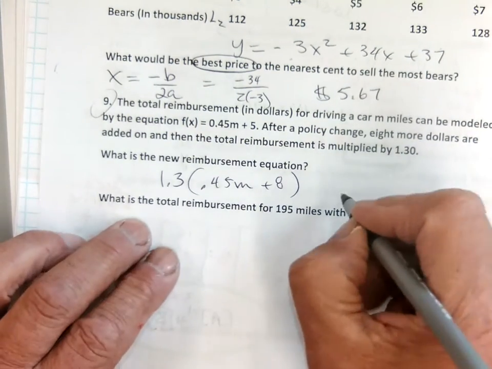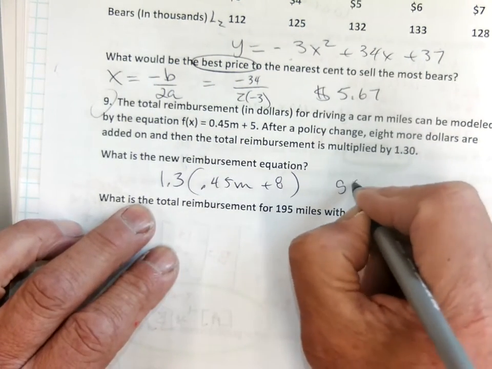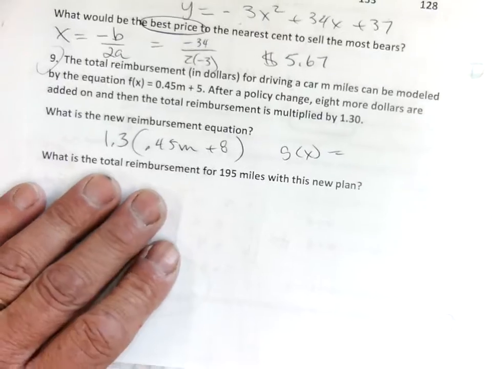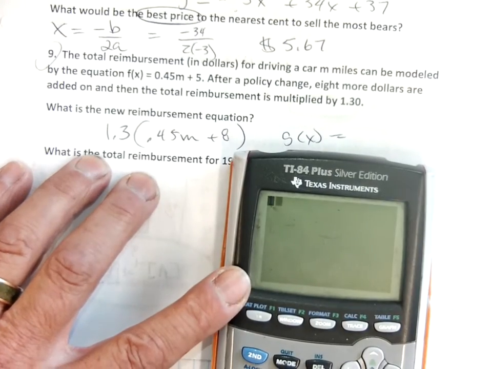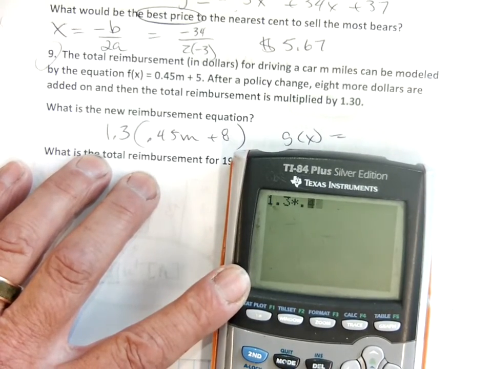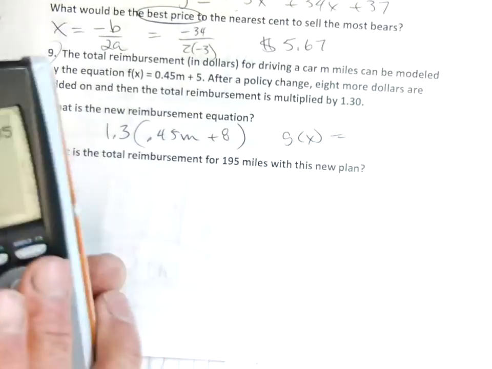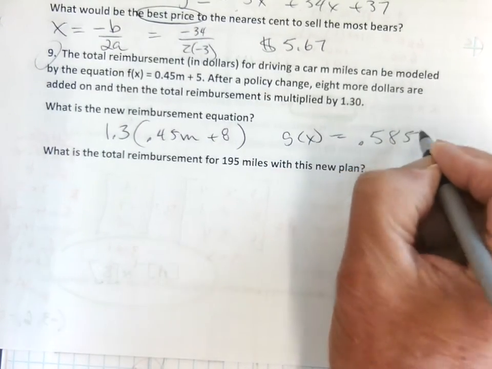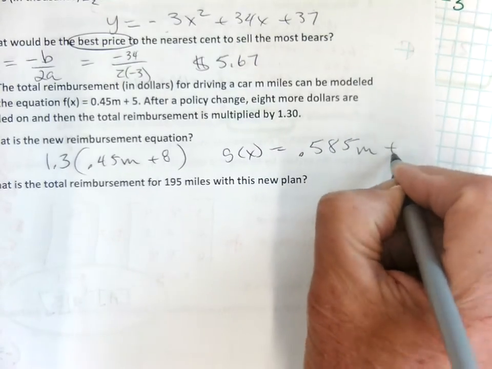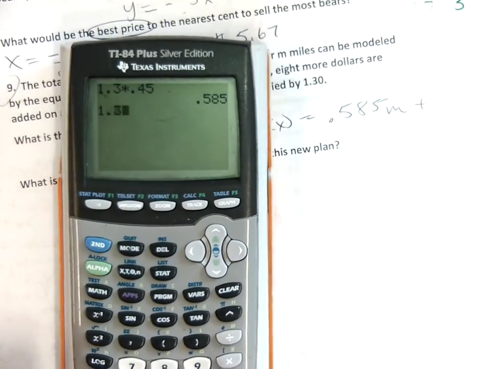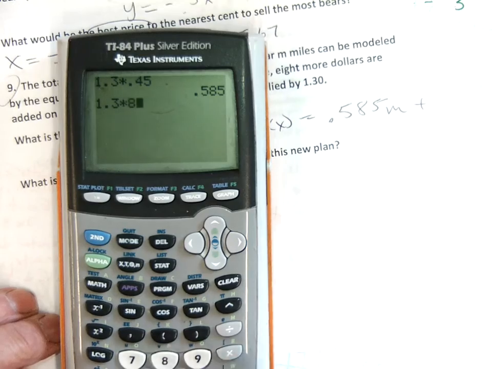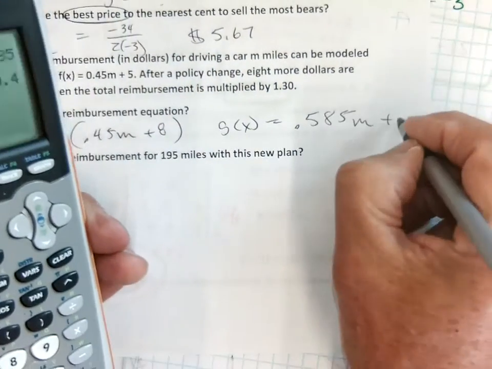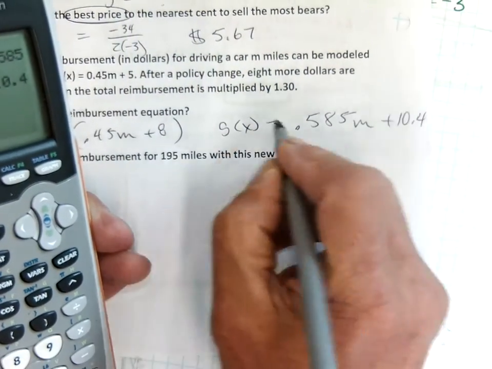Well, that's easy. G of x is equal to 1.3 times 0.45, which gives 0.585 m, plus 1.3 times 8, which is 10.4. That's my new model.